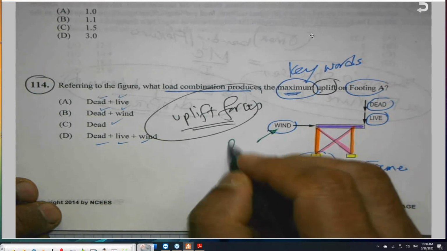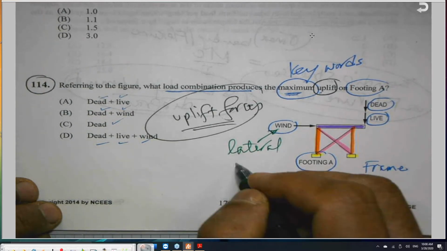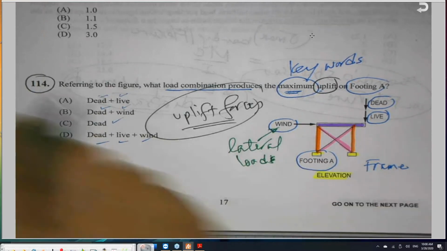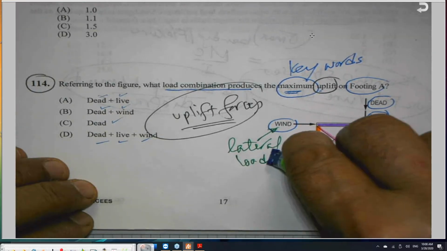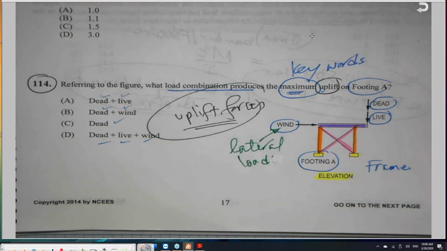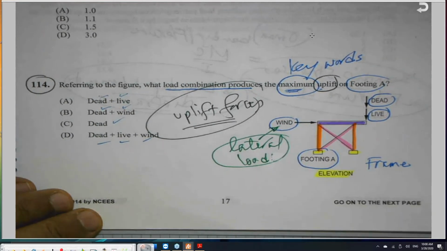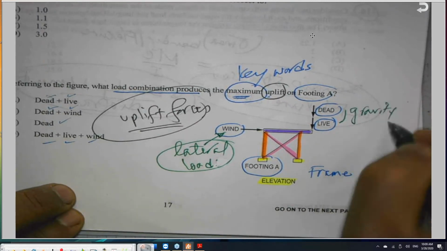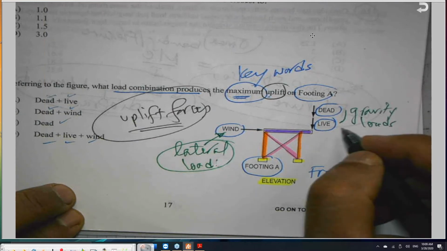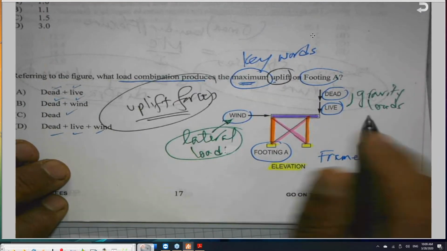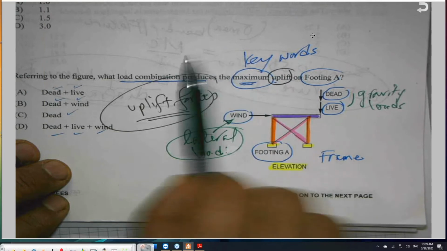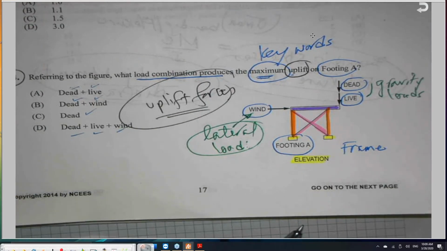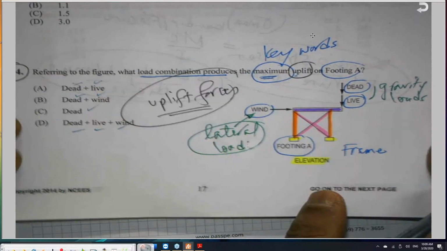Wind load is a lateral load, meaning coming from the side. I have only one load here, a lateral load coming from the side. These are gravity loads, and as you can see, they are unsymmetrical. If you put a mirror here, there is no similarity between one side and the other: unsymmetrical loading.